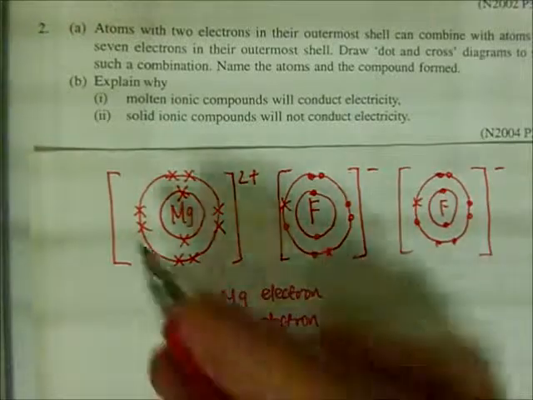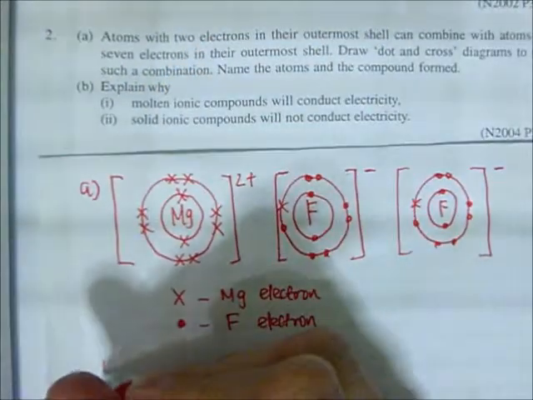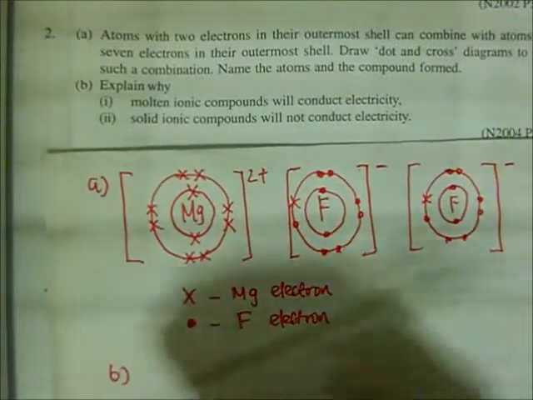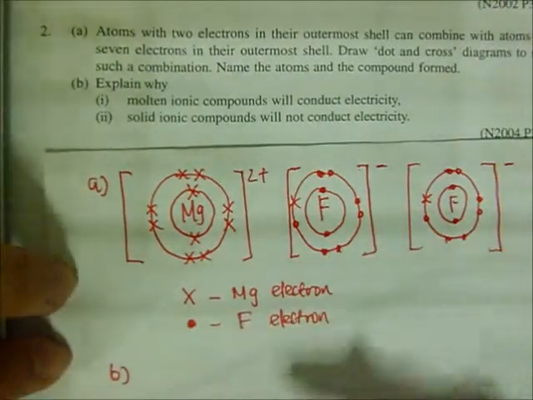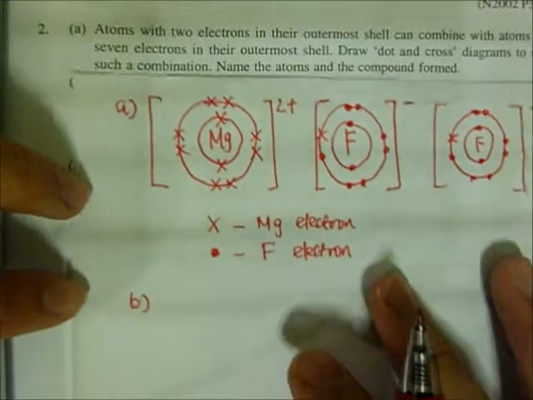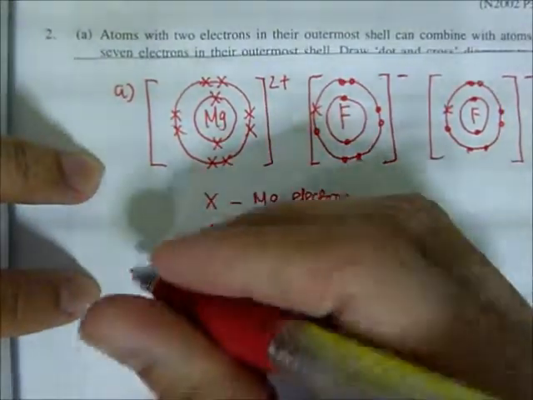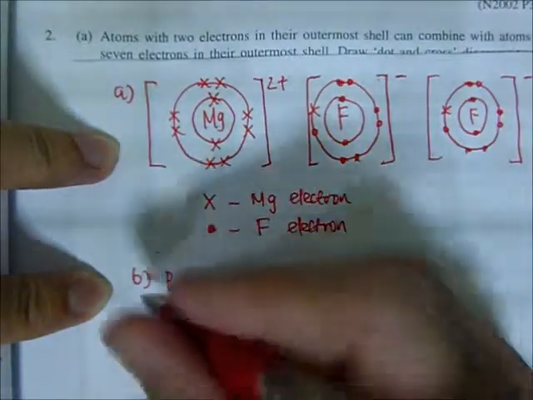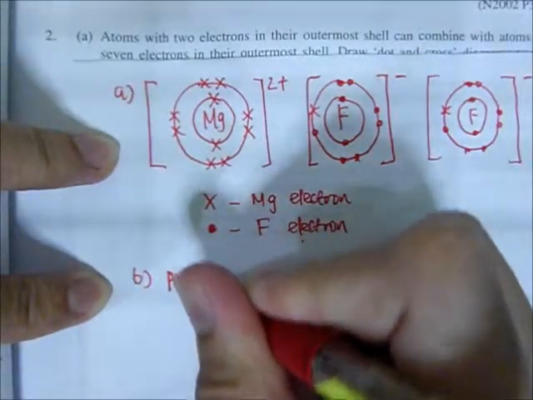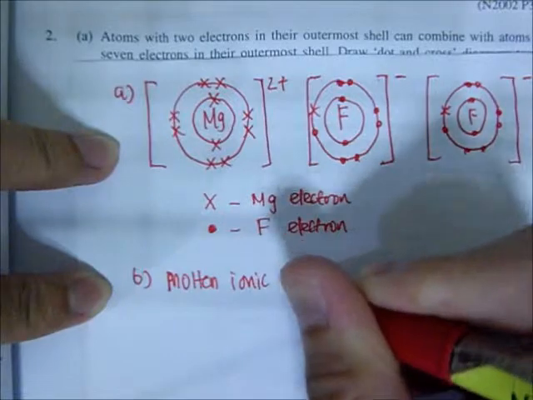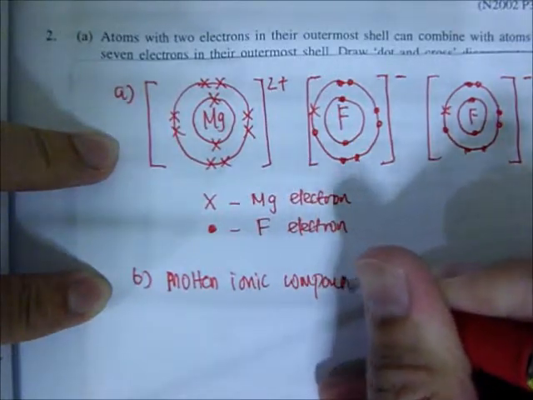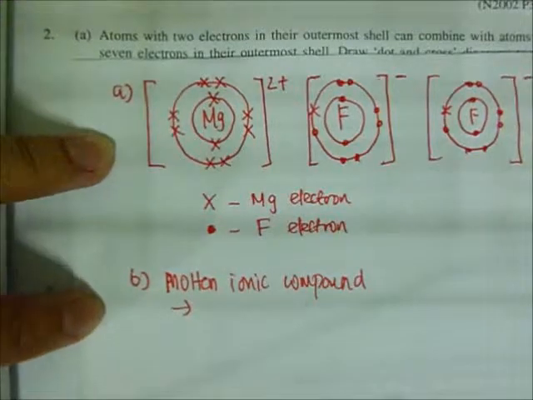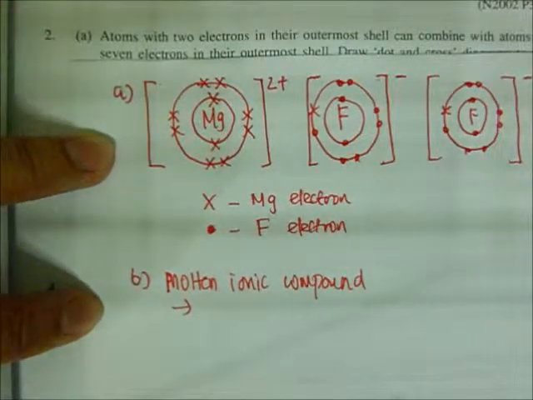Okay, so that is part A. For part B, you have to say why it conducts electricity. Because in molten ionic compound, I write it in point form again. You have to join all the sentences together to form a paragraph.